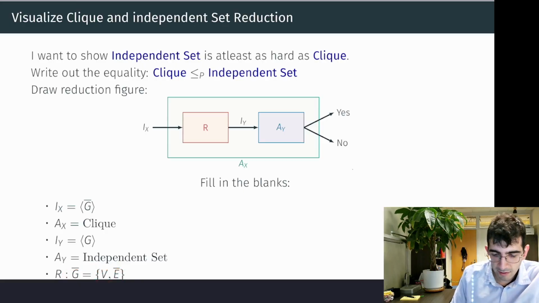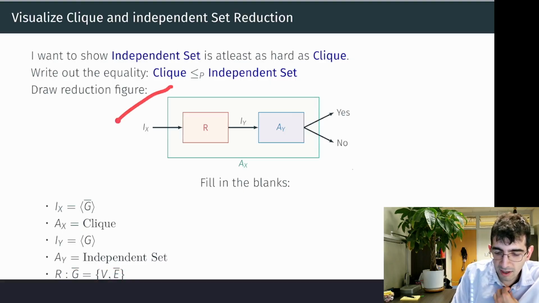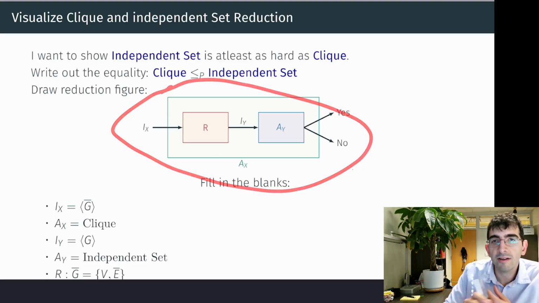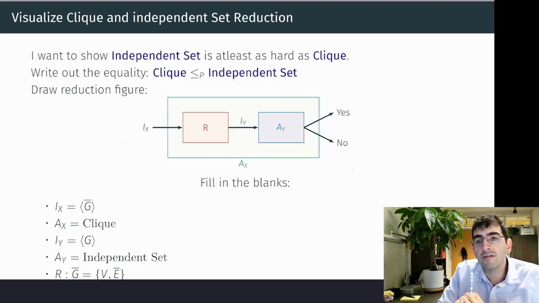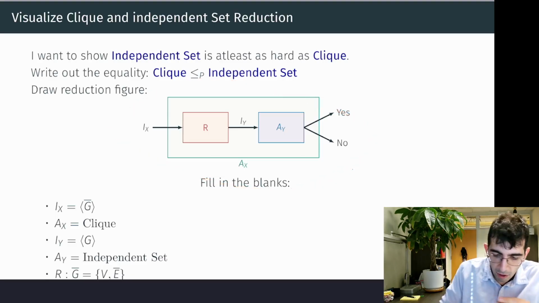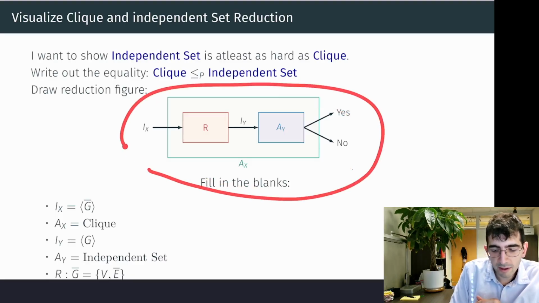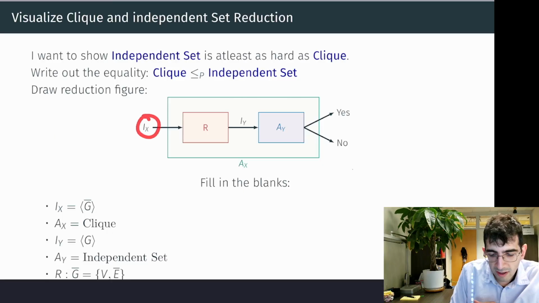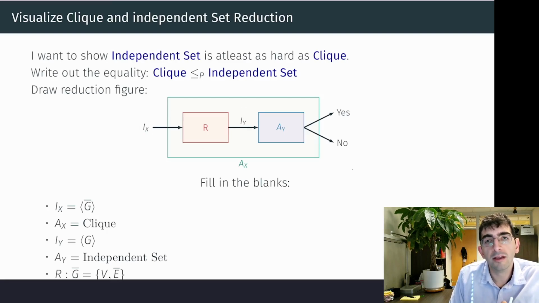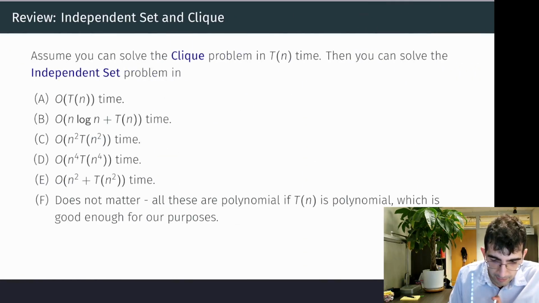Okay, so this reduction diagram will be your best friend, at least until you become a master at reductions. Always draw out this reduction diagram because it'll tell you what you need to transform into what. And that's a huge boost. And it'll stop you from making the reduction in the wrong way.